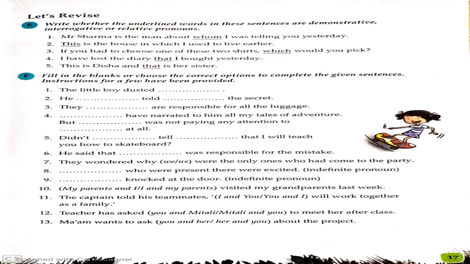Any doubt you can ask me anytime. The answers will be sent to you in a short time, but only after you try to do it by yourself. So first of all, understand the chapter and try to finish the exercise with understanding, and then send it to me. Later on I will be sending you the answers. Okay, thank you.